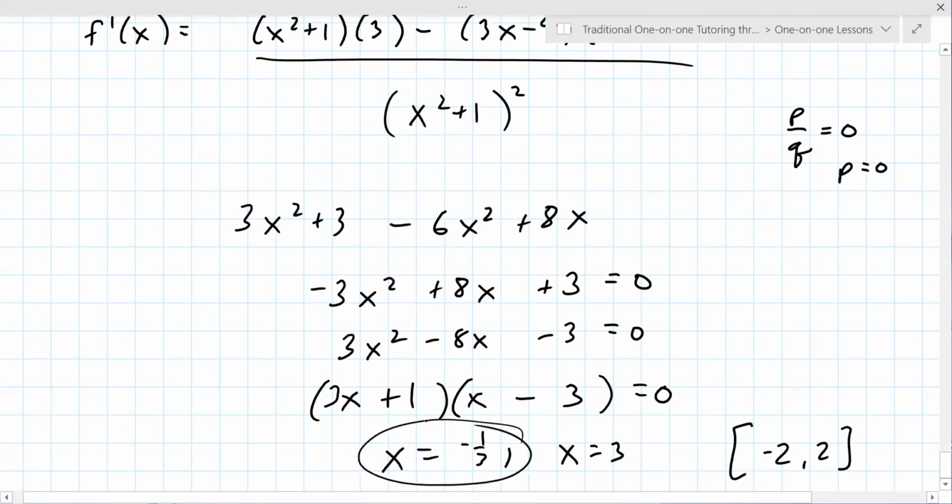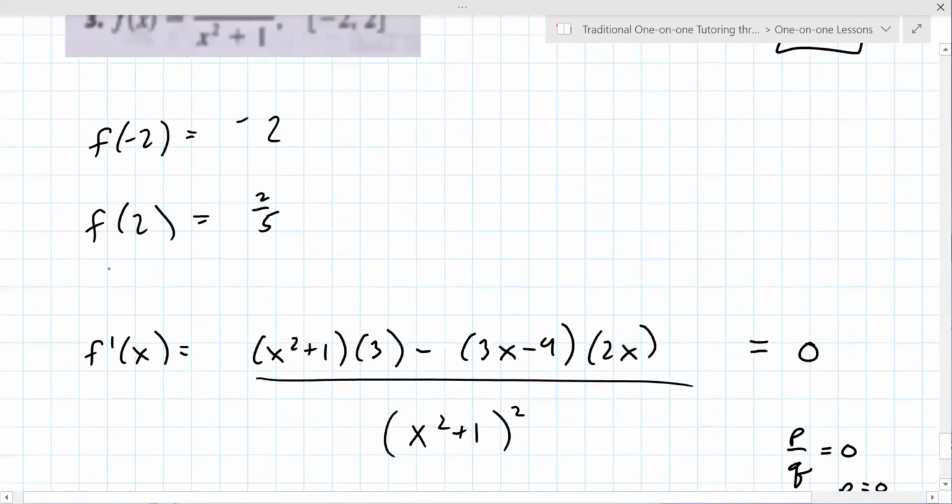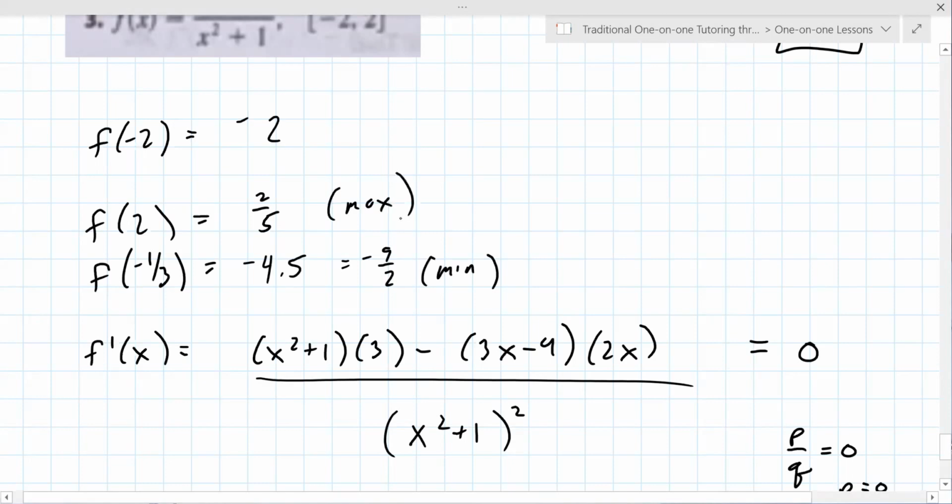The left one is, but that one isn't. So even though it was nice, you got to be like, oh, okay, that didn't work. So you got to go back to your original and evaluate it at f of -1/3, which I don't know if it's going to be nice or not. It is. It ends up being -4.5 or 9/2. So this is the min, and this is the max. You just look at which is the biggest, which is the smallest.